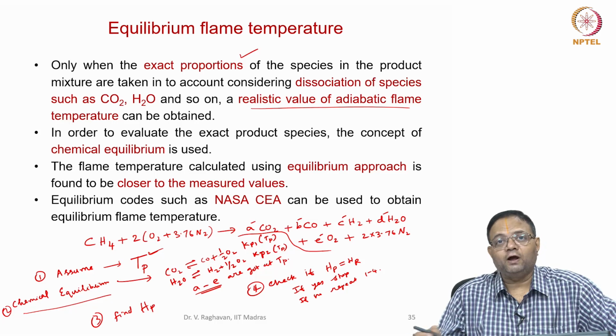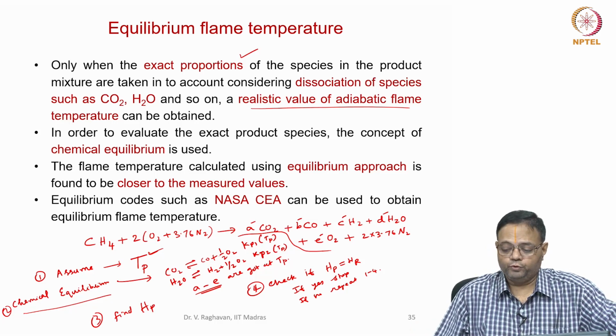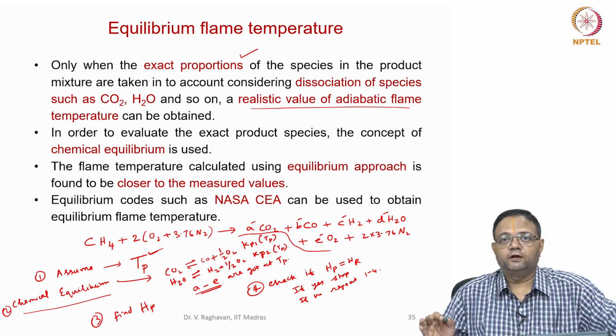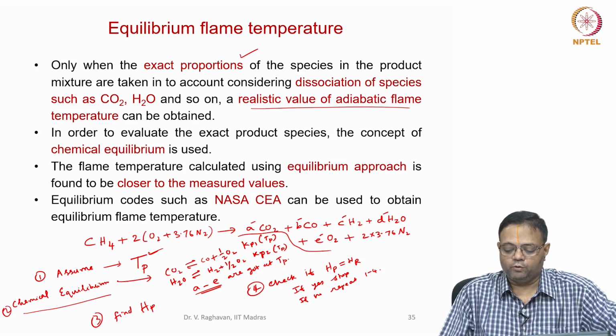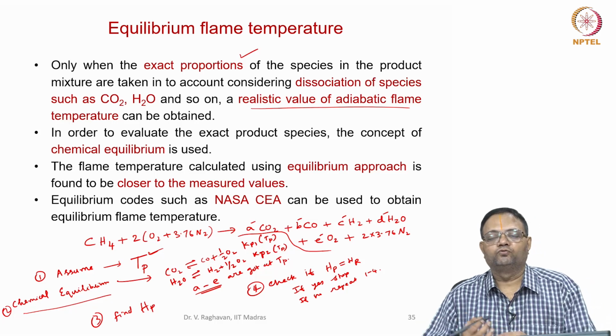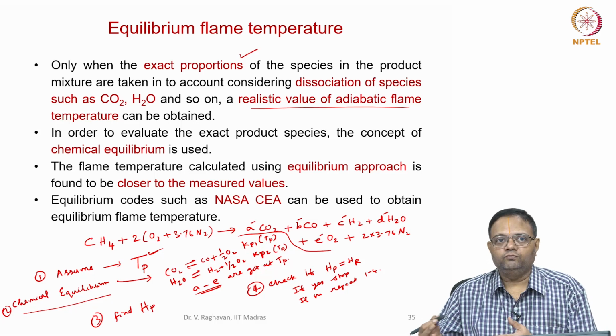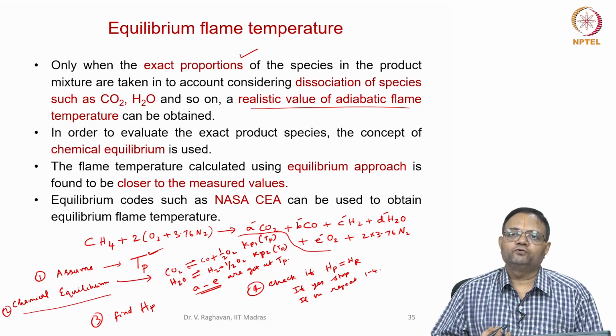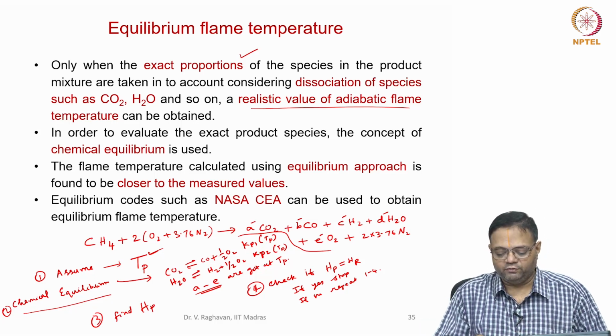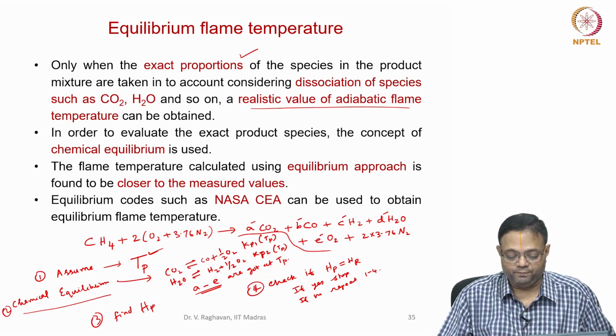Now I can also add several other products, O, OH, H, etc. But correspondingly more equilibrium equations are required: if you increase the number of unknowns to 5 unknowns, 2 more equations are required; 7 unknowns, 4 more equations are required.